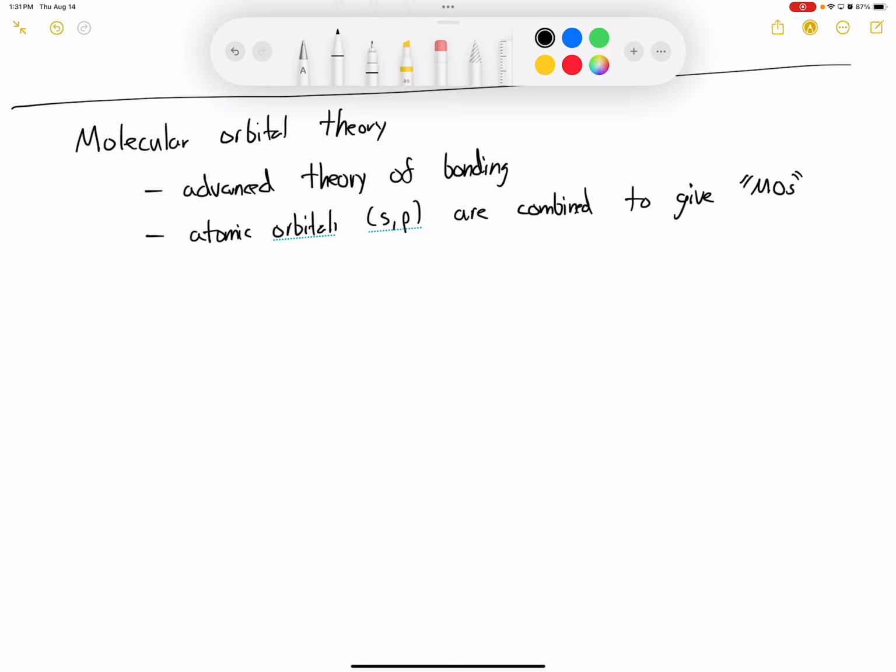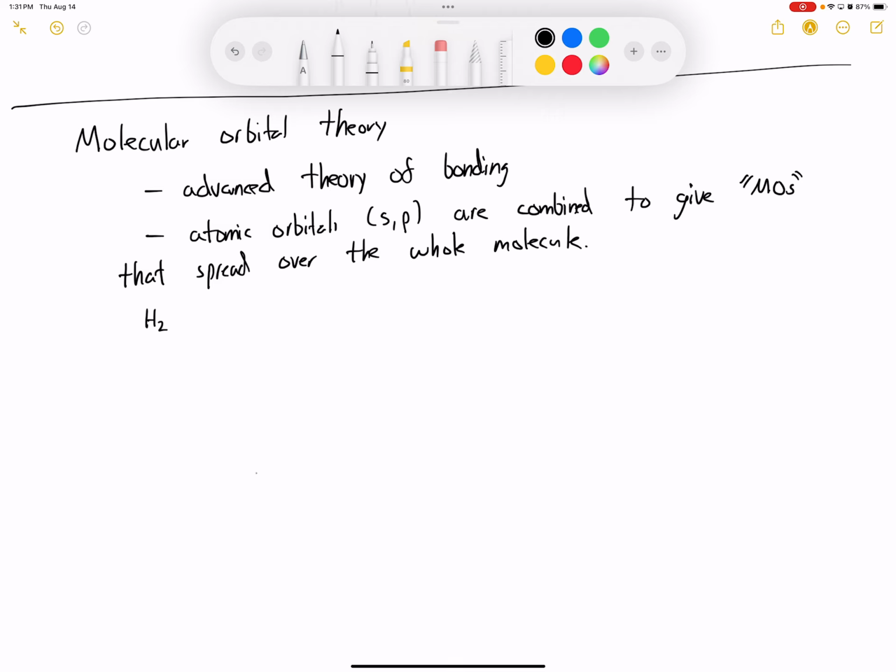Okay? So they give us molecular orbitals that spread out over the whole molecule. And the most common example I'll show you is H2.